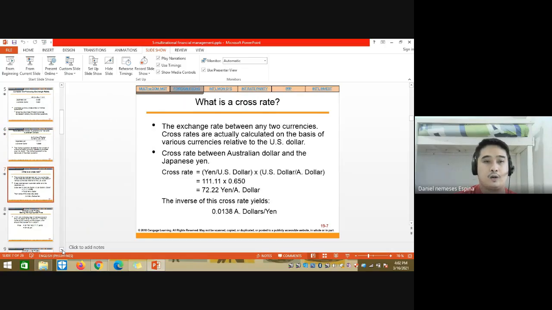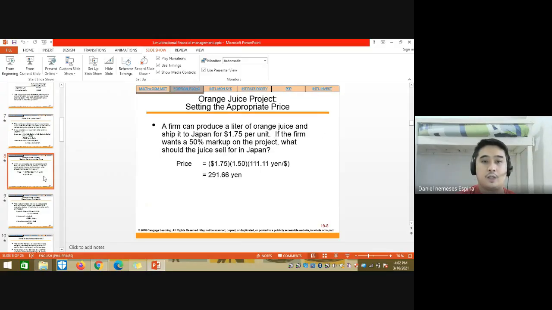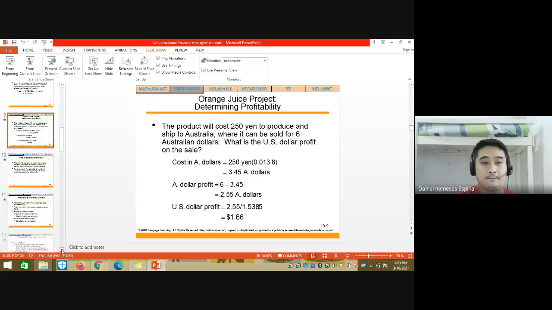We have also discussed how to compute the cross rate, and how to do direct quotation and indirect quotation, using that to determine the price in other countries and to compute the profit.